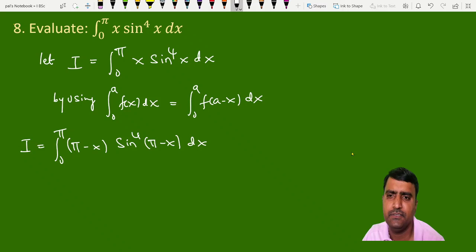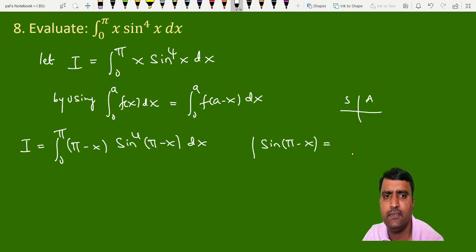Pi minus x means it is second quadrant, 180 minus theta. According to the ASTC rule, sine is positive in the second quadrant. So sine of pi minus x is equal to sine x only.